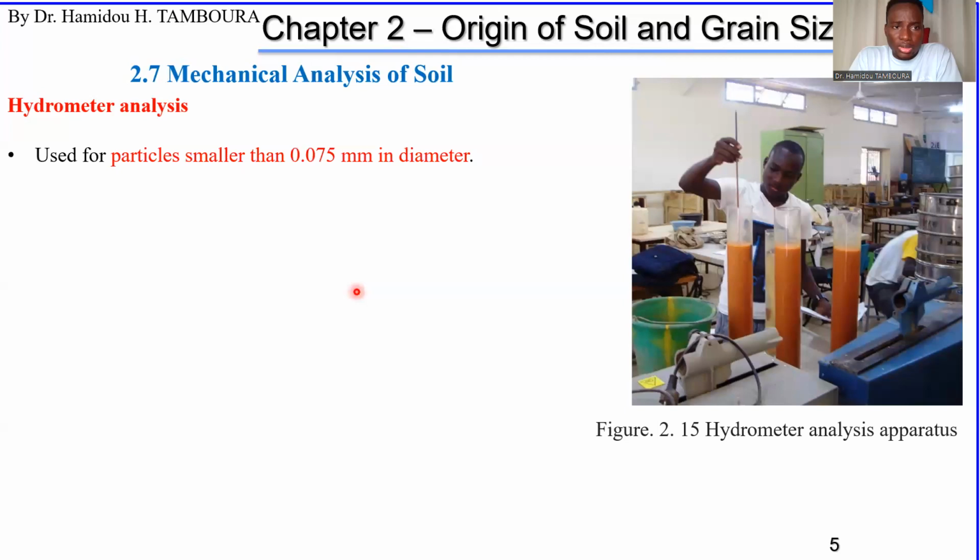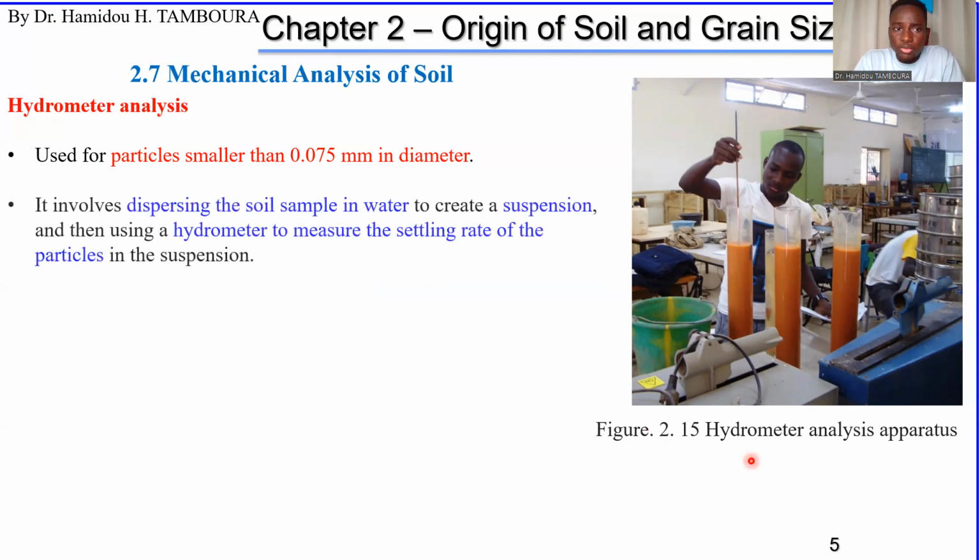So this analysis is used for soil particles smaller than 0.075 millimeter in diameter. So it involves dispersing the soil sample in water.